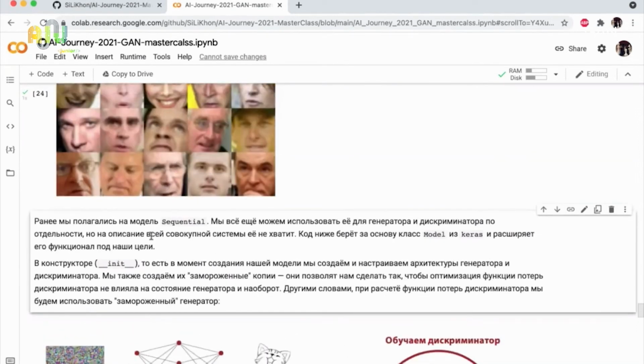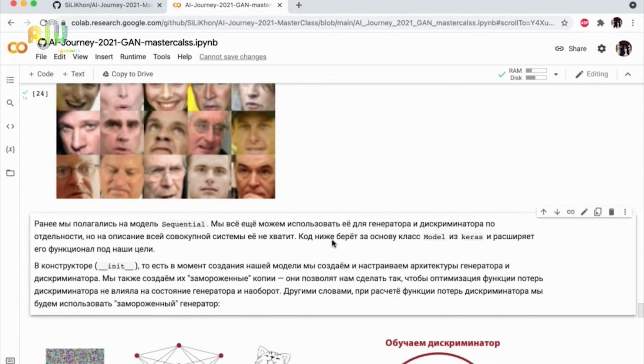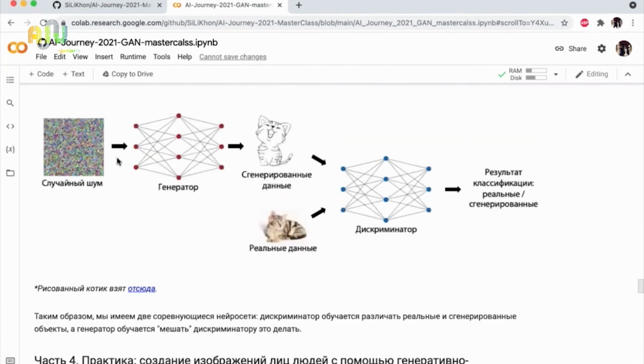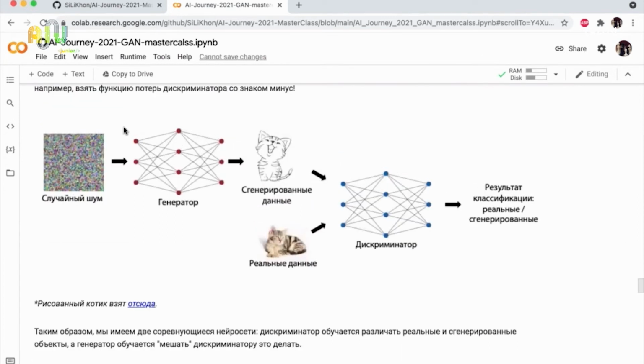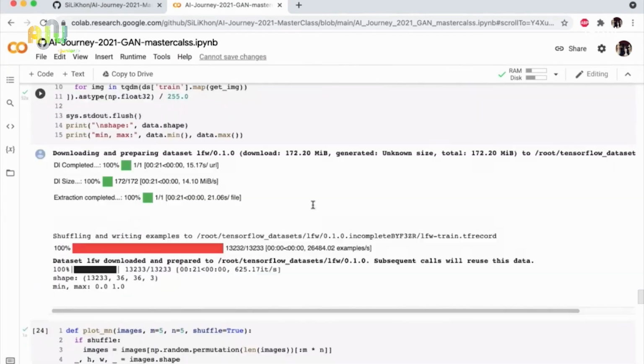Let's think how we can do it from the standpoint of models. We already know there are sequential models when we have a set of actions. But since here we have a complex structure, we have two paths of implementation, sequential is not going to be enough. We will need to use generator and discriminator.